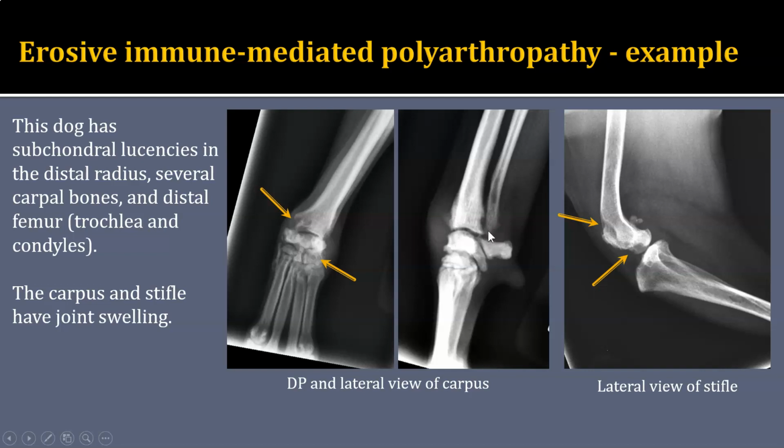And then even the distal ulna here probably has some erosion. So that's in the carpus, multiple joints there. And then this patient's stifle also has some swelling around this stifle joint, and then subchondral erosions affecting the femoral trochlea and femoral condyle. So again, multiple joints involved, most consistent with erosive immune-mediated polyarthropathy.